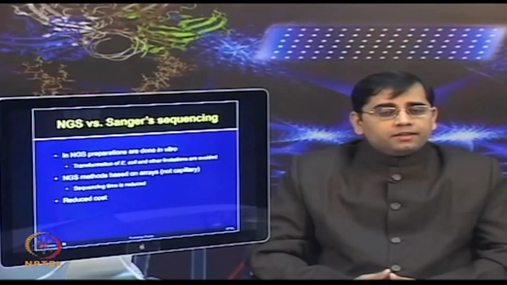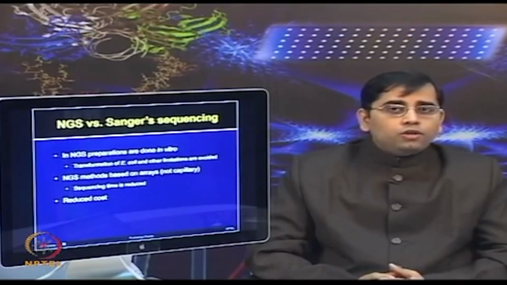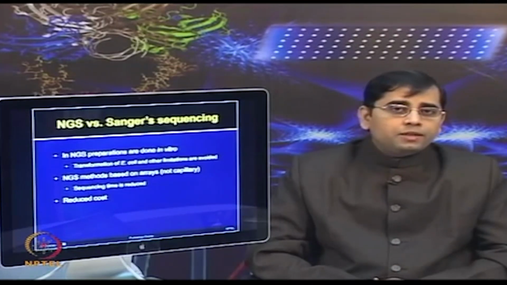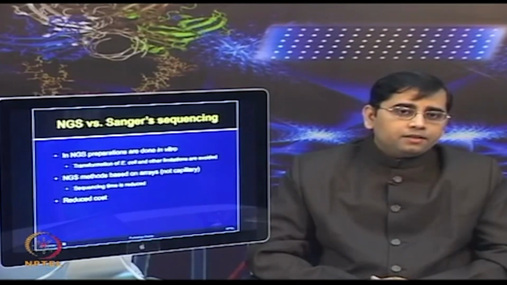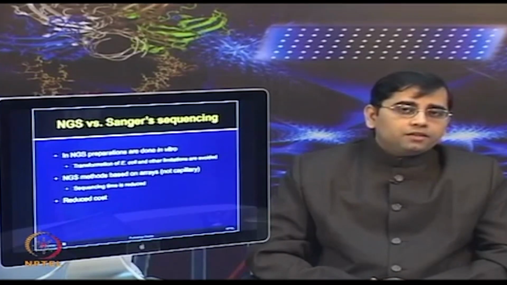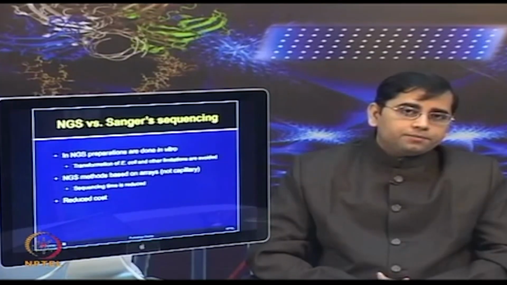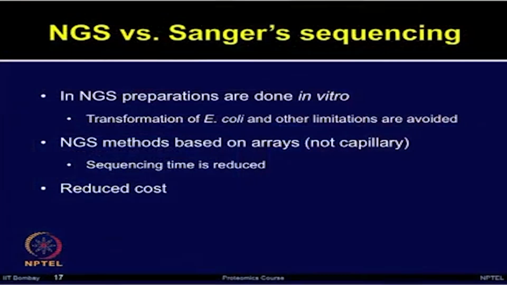The NGS method is based on arrays, not the capillary gel based method, which is employed in Sanger's method. So, sequencing time is reduced in the NGS method. The cost is reduced in the NGS method because all the polonies can be treated with a single reaction volume, which reduces the overall cost.